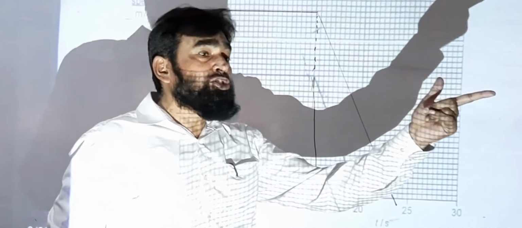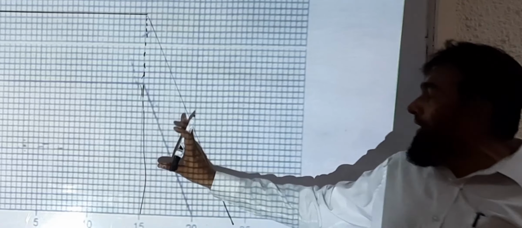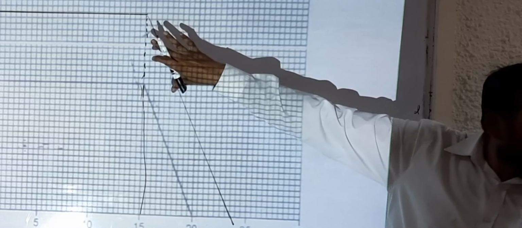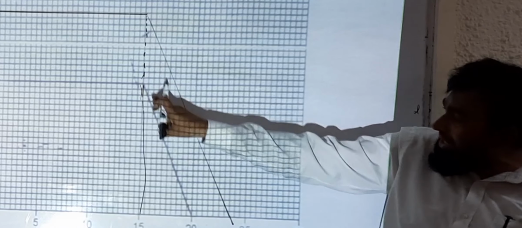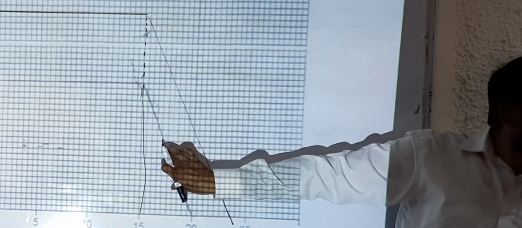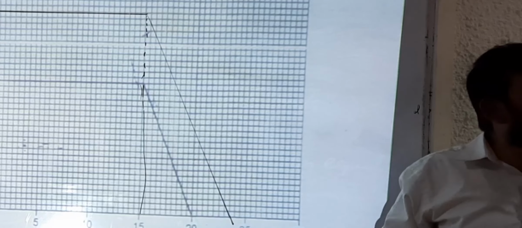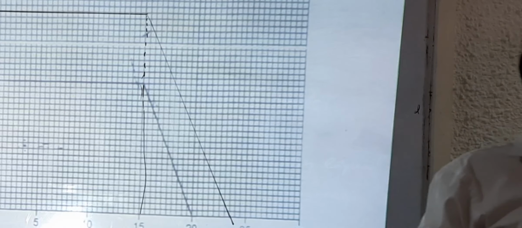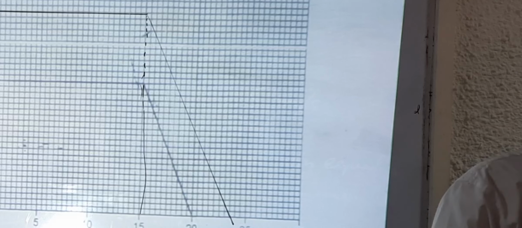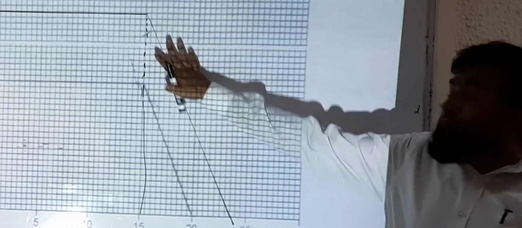It means comparing the area under the graph for both triangles, the lorry has the bigger triangle for deceleration and the car has the smaller triangle. So when you look at the graph, you can very easily tell that the lorry moves further than the car while decelerating. Is it clear?